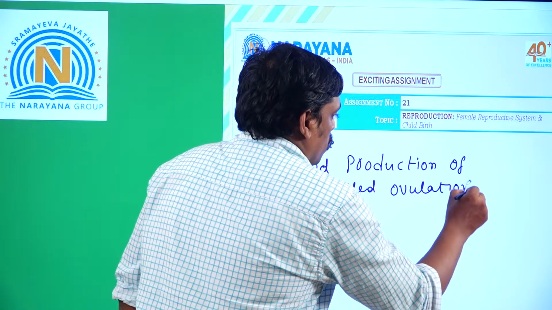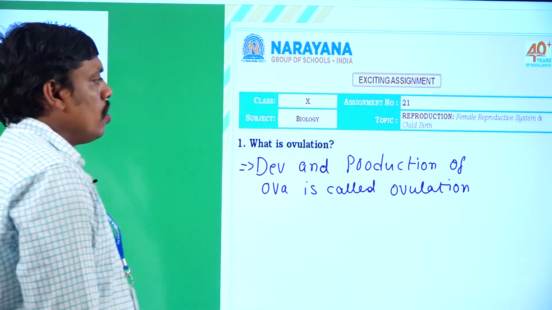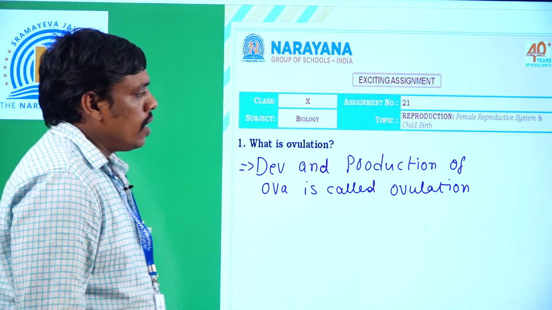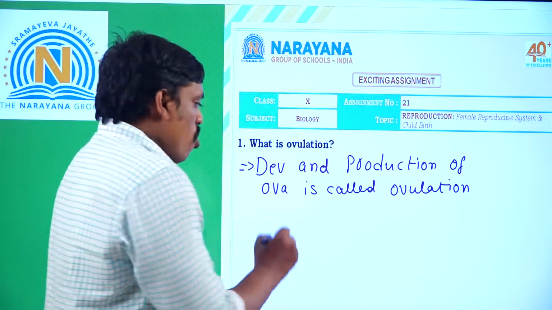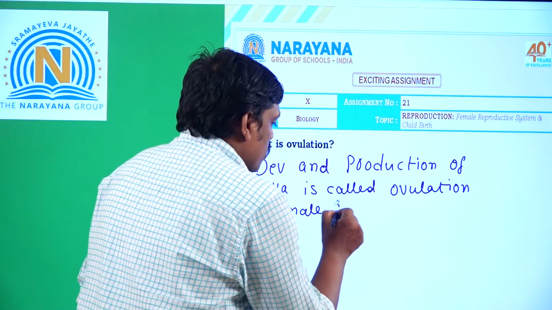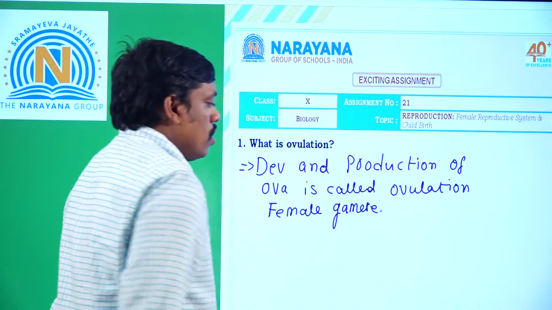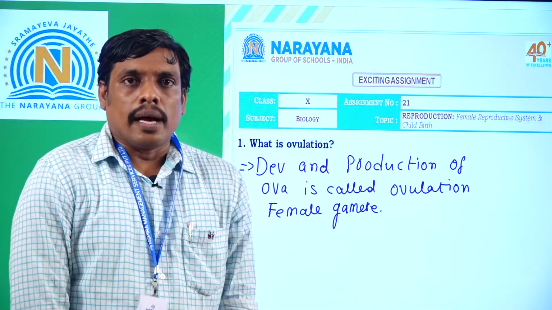The ova is nothing but the female gamete, which undergoes fusion with the male gamete.